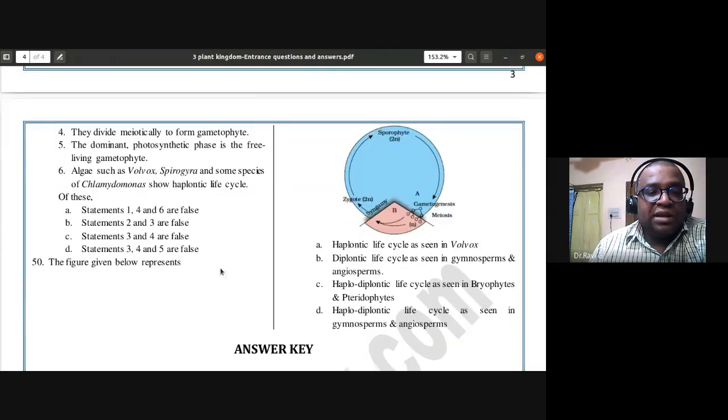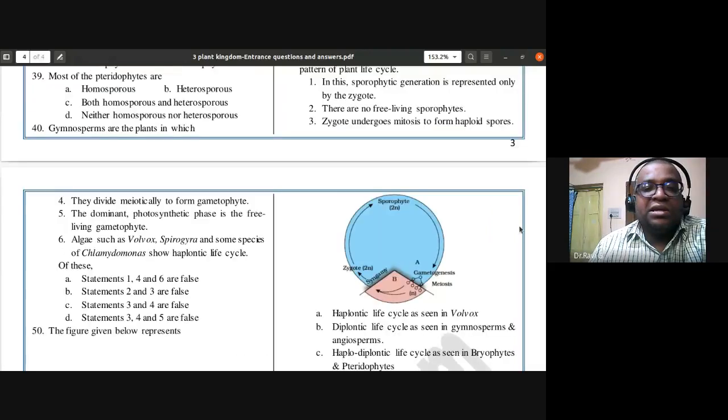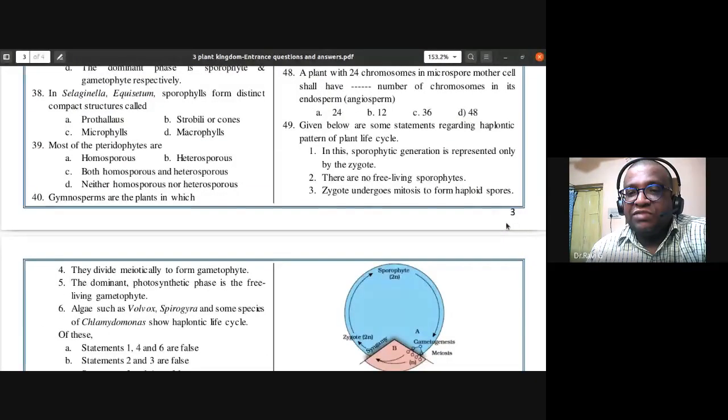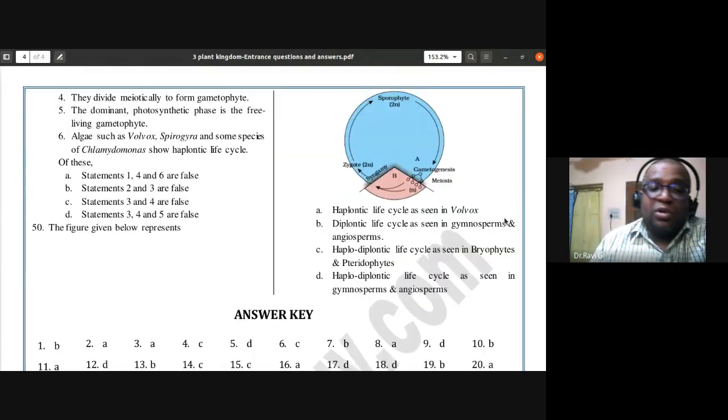The dominant photosynthetic phase is the free living gametophyte. Algae such as Volvox, Spirogyra and some species of Chlamydomonas show haplontic life cycle. So these are the statements that they have given regarding the haplontic pattern of life cycle.